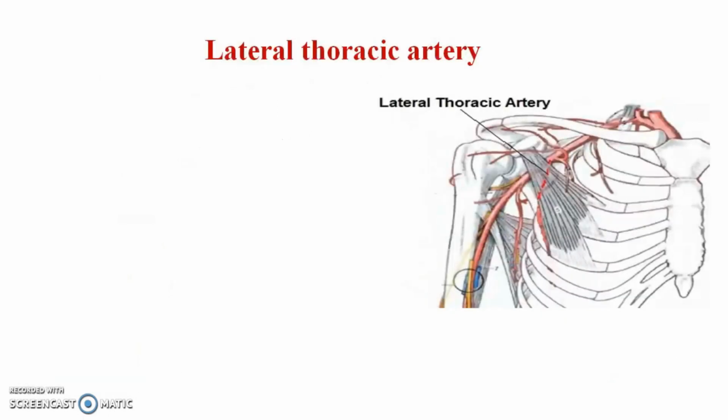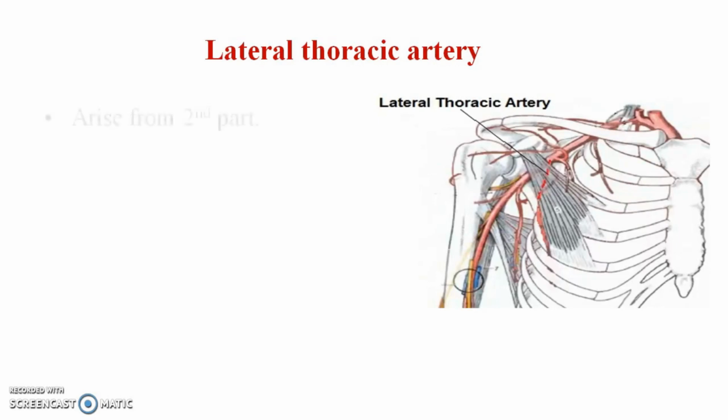Now we will move on to another artery, that is third artery coming from second part of axillary artery, that is lateral thoracic artery. About lateral thoracic artery we have dealt before, it is going to give a branch called lateral mammary branch, which is going to supply most of the lateral part of mammary gland.